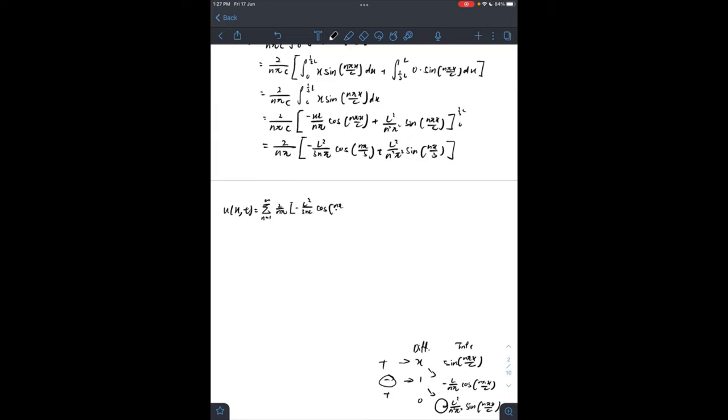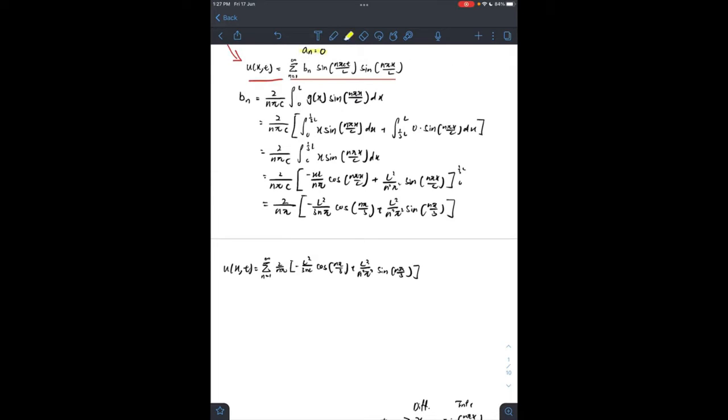Cos n pi over 3, n squared pi squared sine n pi over 3, and then don't forget that for the formulas you have these two signs here. So continue to write now, and this is our final solution for this question.